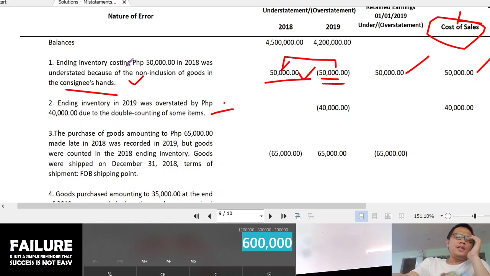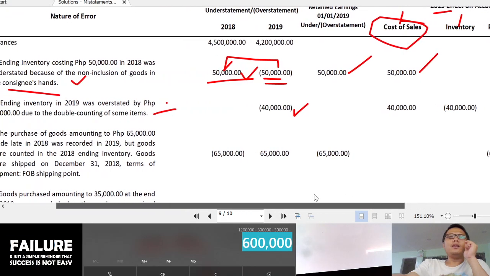So, kung overstated, what is the effect on your cost of sales? It is understated. Kung understated yung cost of sales mo, the net income obviously is overstated.